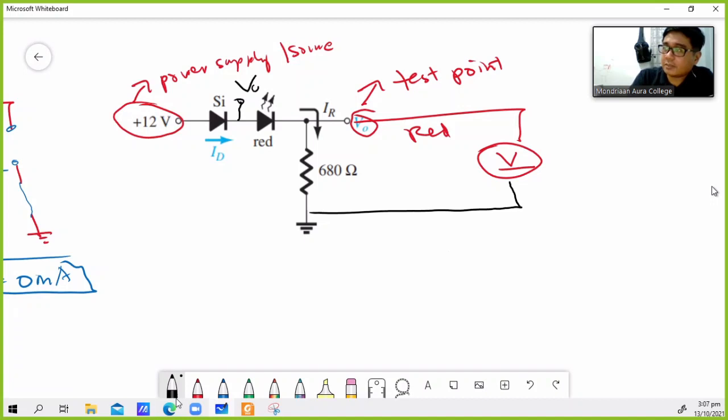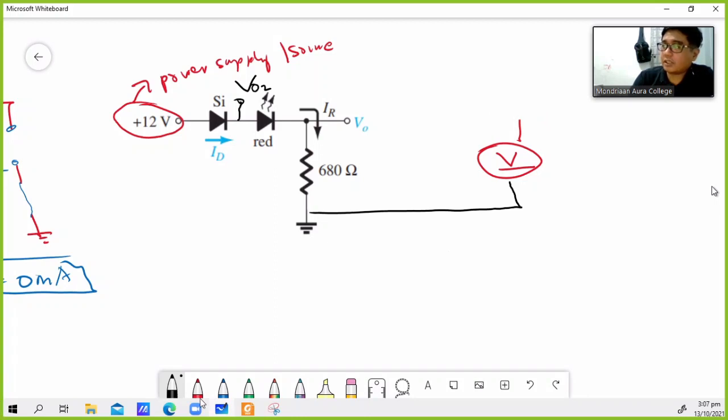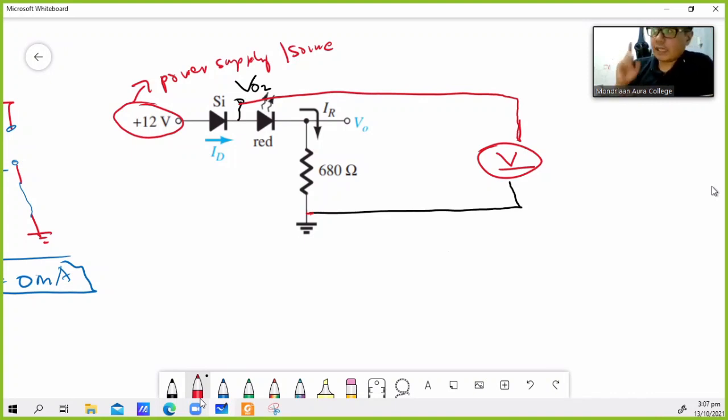Let's call that V sub O2. So how do I measure V sub O2? Yung pula, ang gagawin ko lang dyan, ililipat ko siya doon sa test point na yon. Pero yung black ko, nandoon pa rin sa ground. Okay, so that is how we measure test points. Ang itim na test lead or yung negative, laging nasa circuit ground. Yung pula lang yung lilipat natin.